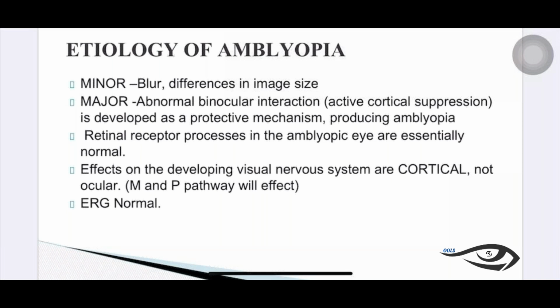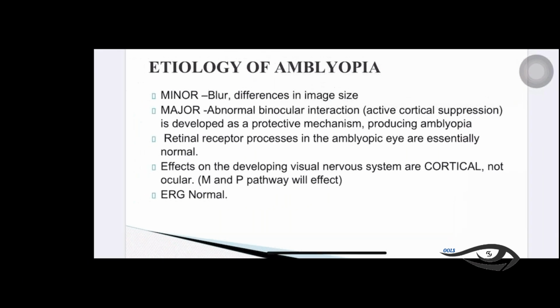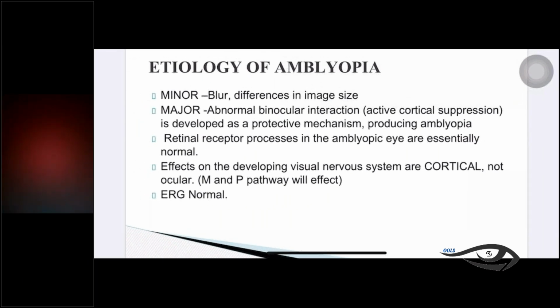If I talk about +8 diopter, obviously he will see a more blurred image as compared to the +3 diopter. So there will be a difference in the image. Obviously, there will be lots of aniseikonia, and one of the major and important parts, I'd say, is that there will be abnormal binocular interaction in both the eyes. There won't be any type of eye coordination, we can say.